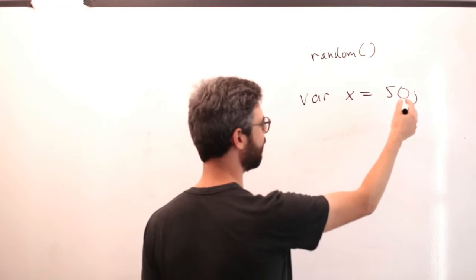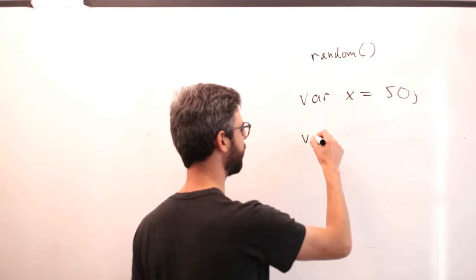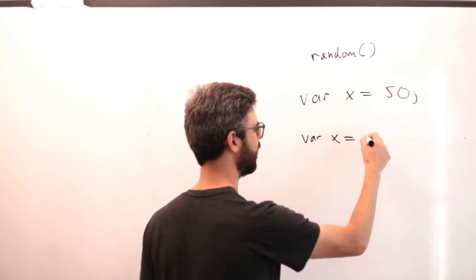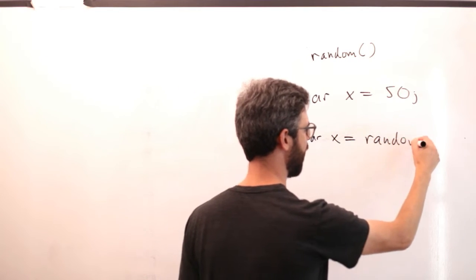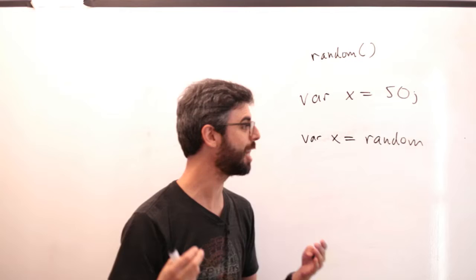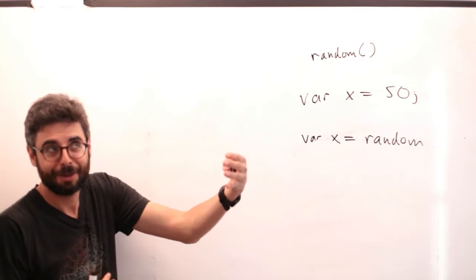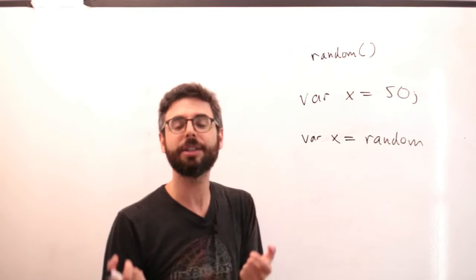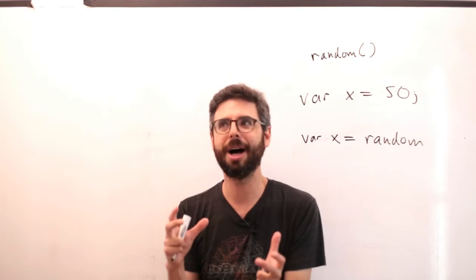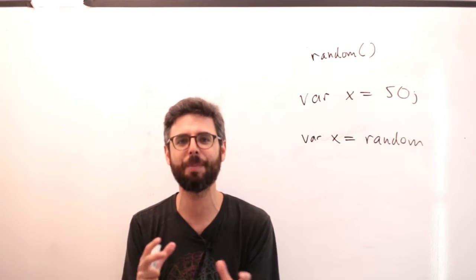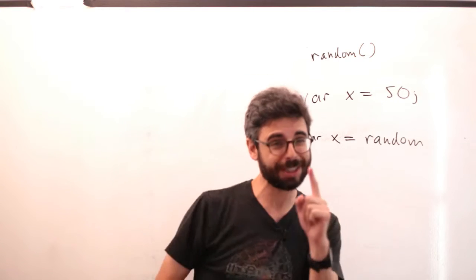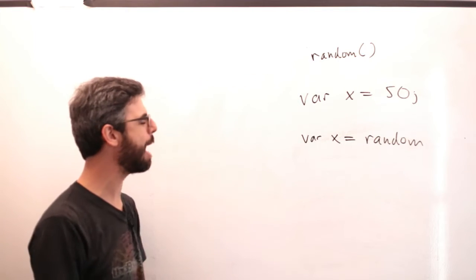So instead of saying var x equals 50, I could say var x equals random. And random is a function just like any other function, like line, ellipse, fill, stroke. It requires some arguments to define how that function will behave. And random, if you watched the previous video, is just like the map function.